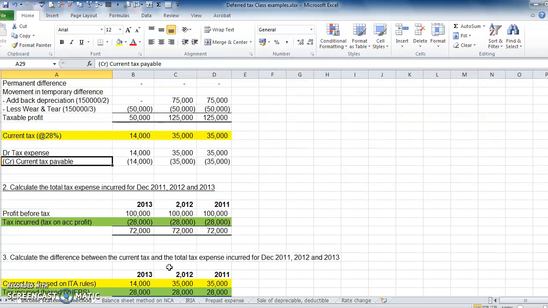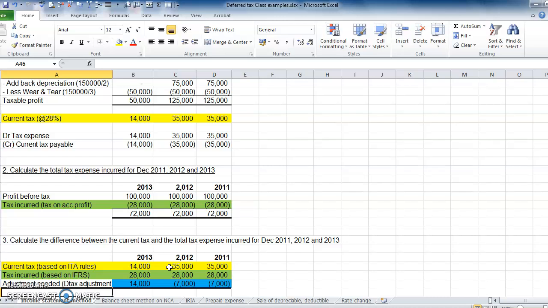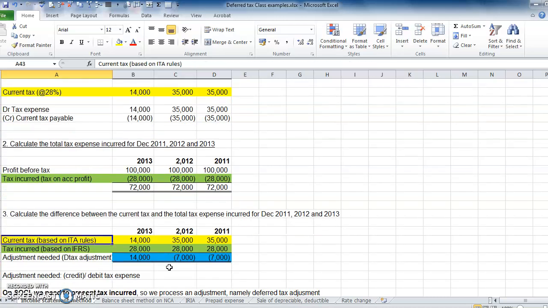So now we've calculated our current tax for all years, and we've calculated our tax incurred, our total tax expense. And so now we can use our total tax minus our current tax to get to our deferred tax adjustment.